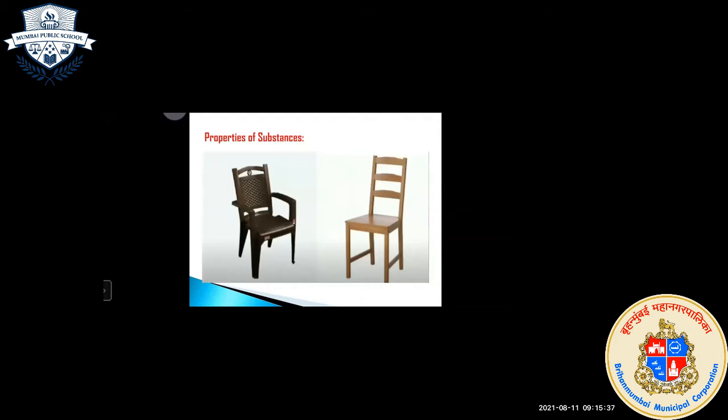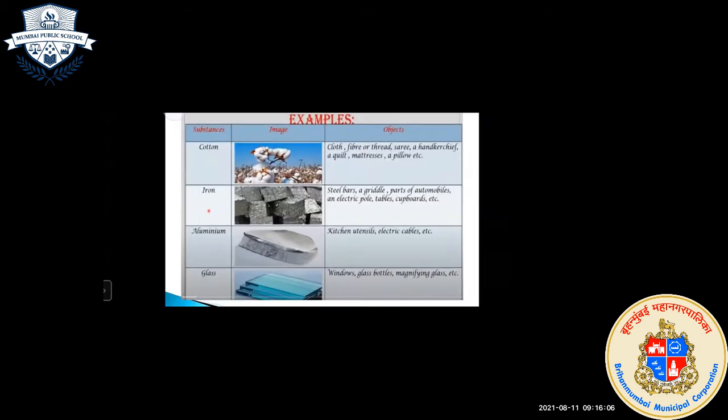Now here the property of wood is that wood has strength. Then we can give the desired shape to the wood. Also for plastic, we can give the desired shape. But here one thing is that a plastic chair can be lifted up easily as compared to a wooden chair. But I wanted to say that according to the properties of substances, we make them into objects.